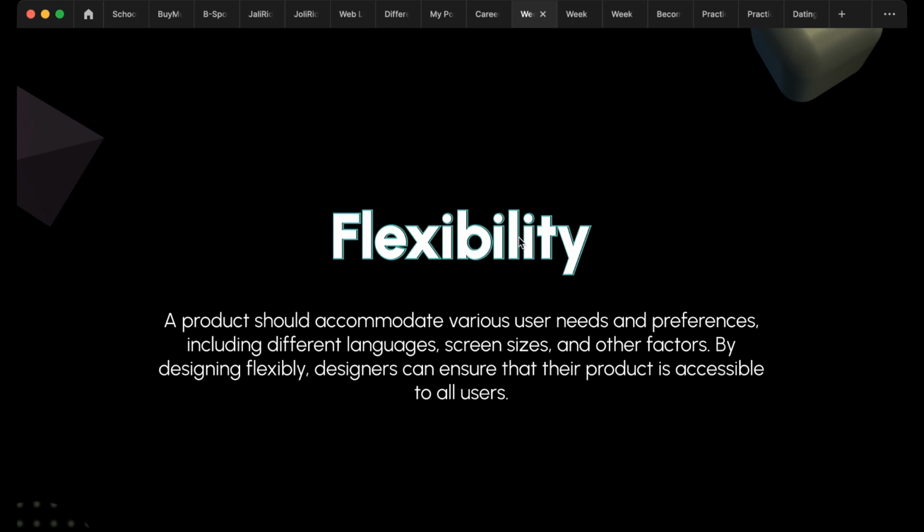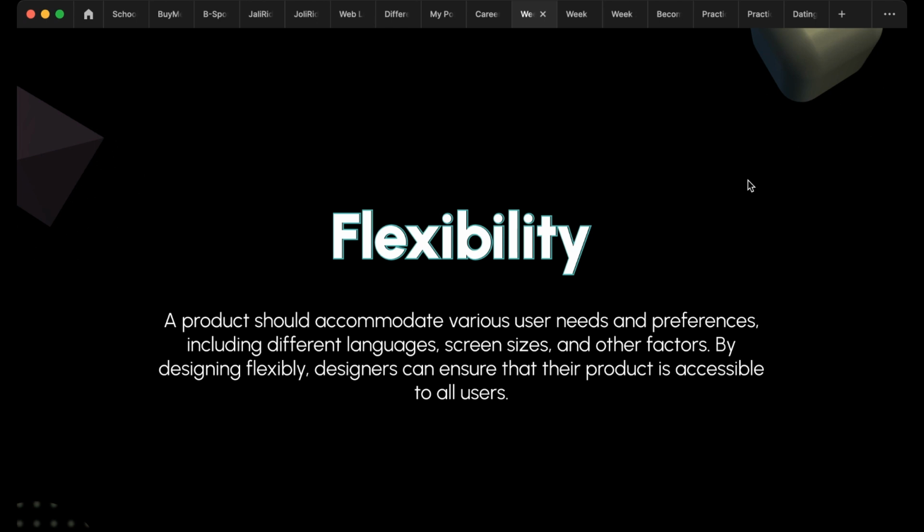You get? So the sizes, let's say this is what I use for the web design, I can't use it for the mobile. So what I have to do is reduce this font size to fit the mobile screen. And same thing for the body text. Okay, it should be visible enough for the product to be accessible to all users.